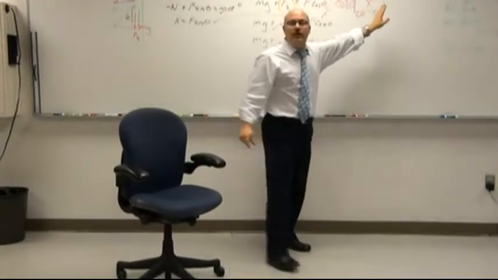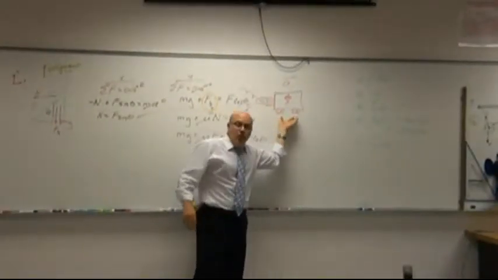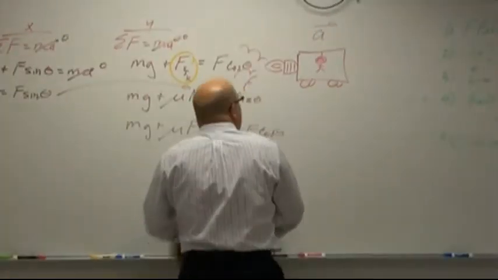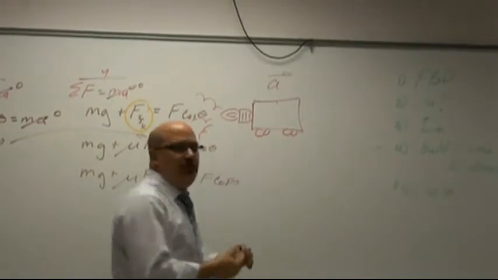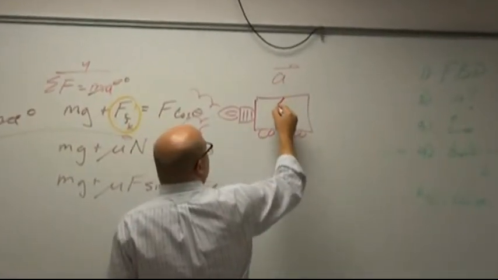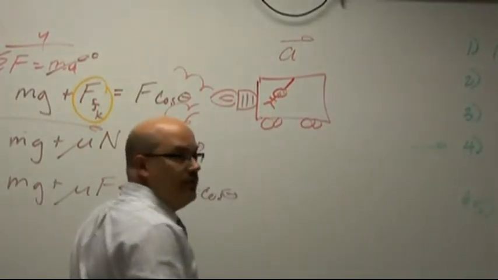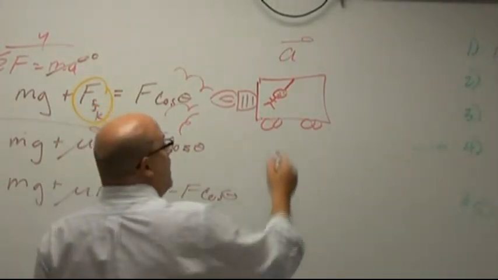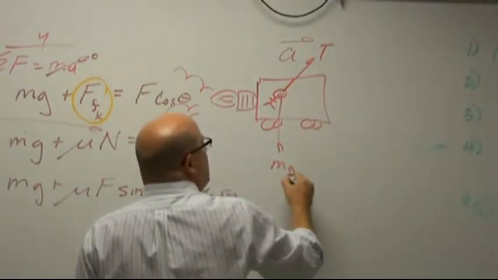All right, now look. Same thing here. When the room goes forward, the person stays put, and the only thing that drags the person forward is the tension in the rope. So the person ends up like this. And so you end up with tension and mg.